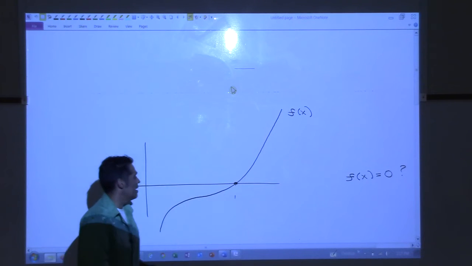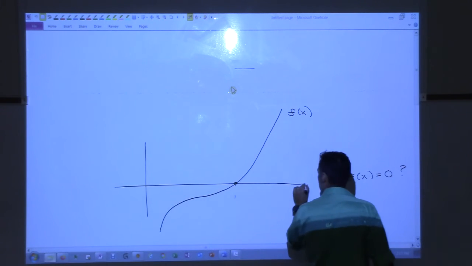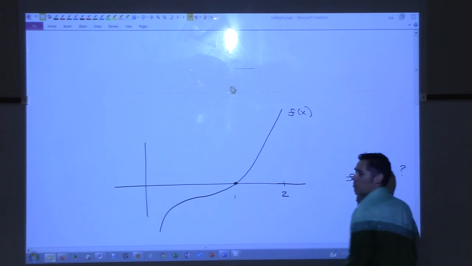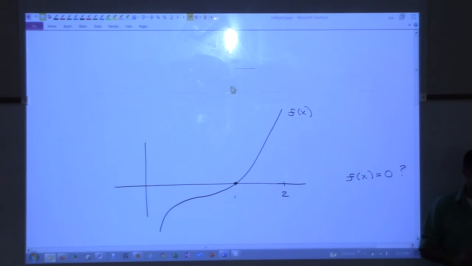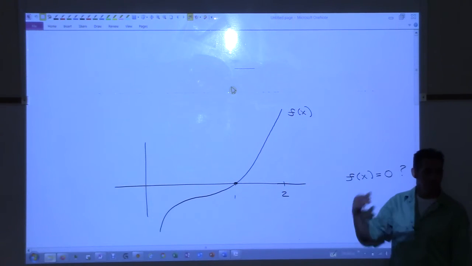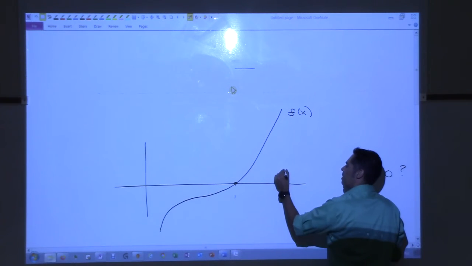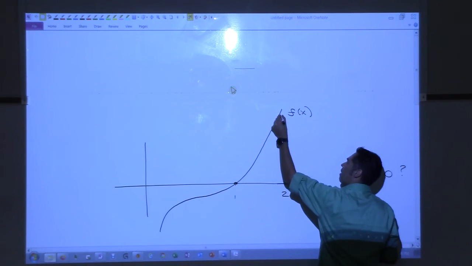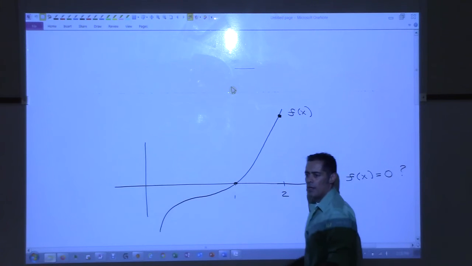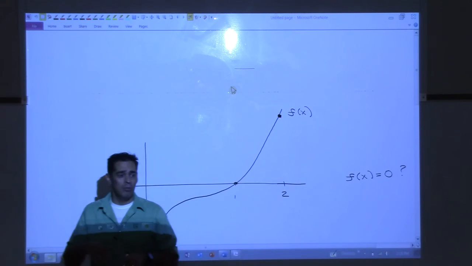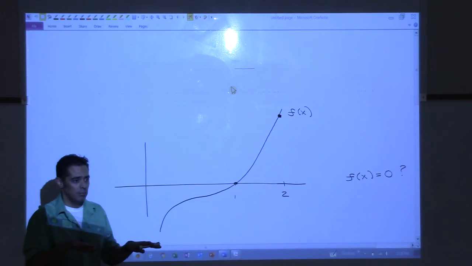So let's say I make a guess, 2. I think 2 is the answer. How could I check whether 2 is right? Plug 2 into the function and see if it spits out 0, right? If I plug 2 in, it's going to come up here and spit this out, and that fails because f of 2 is not 0.